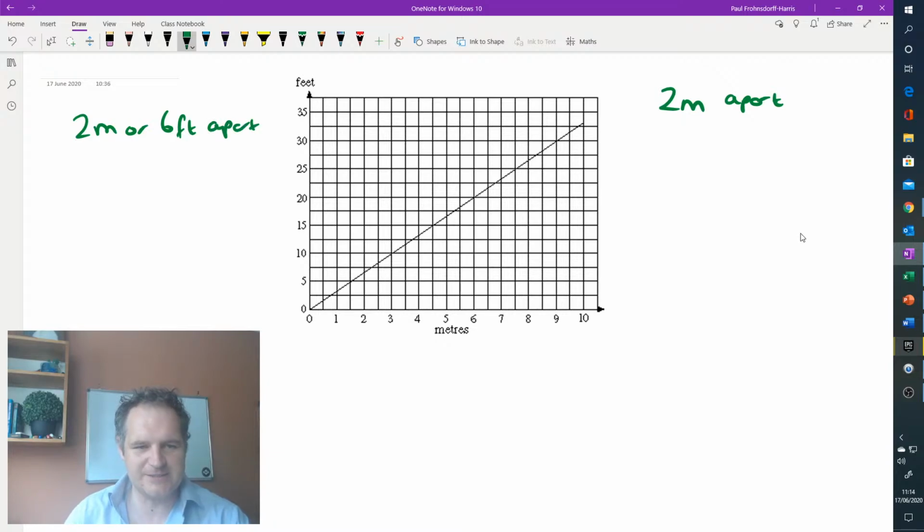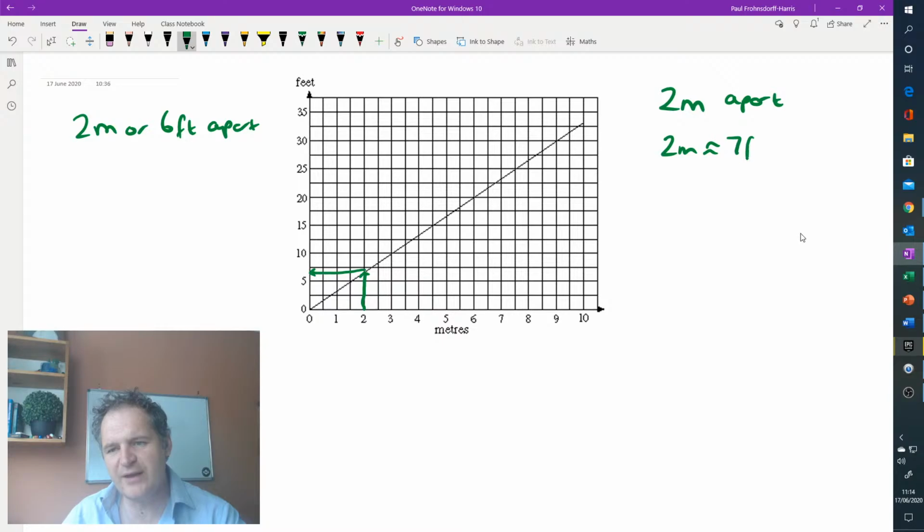And I sit there and I'm like, because look, 2 meters is actually nearer to 7. 2 meters is approximately 7 feet. And it really annoys me. In fact, I can tell you factually, 6 feet is 1.8 meters.